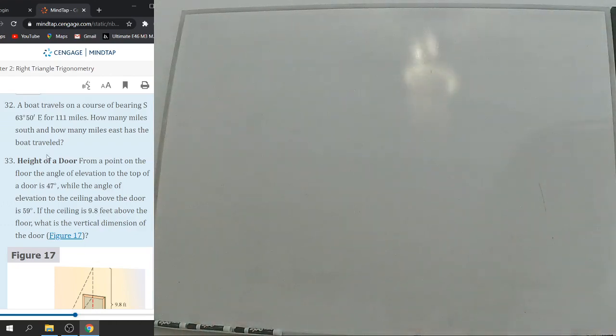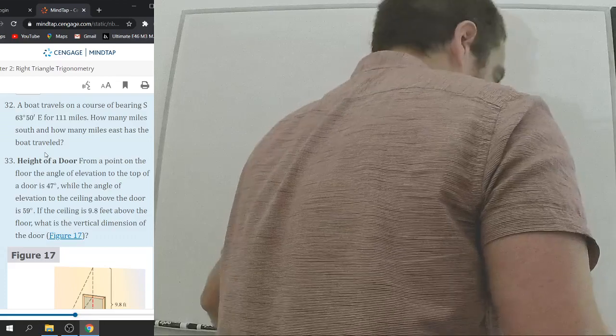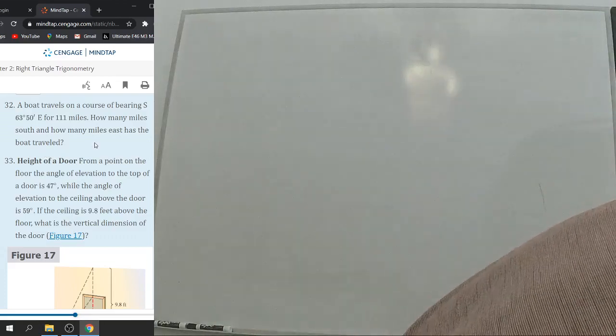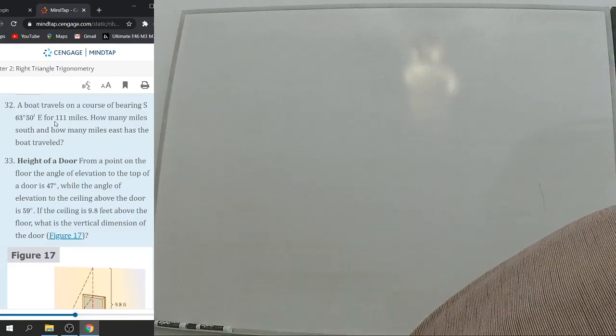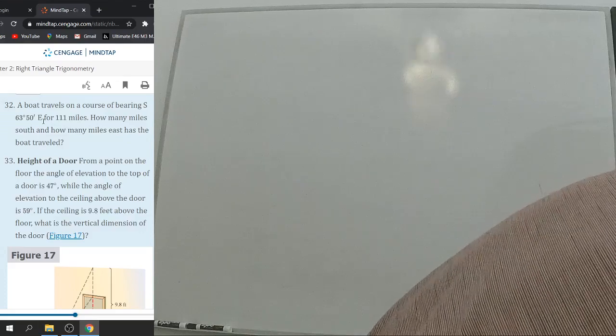Number 32 says a boat travels on a course of bearing south 63 degrees 50 minutes east for 111 miles. How many miles south and how many miles east has the boat traveled? So sort of what they're doing is they're asking us to break this down into what are known as the components for the south and for the east.